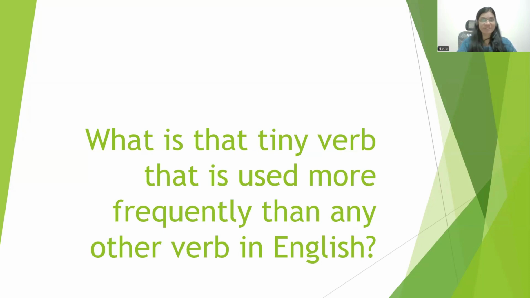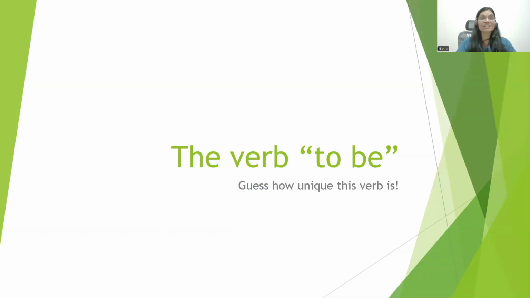All right. If you got the answer, that's great. If you haven't got it, here is the answer for you. It is the verb to be. Another question. Can you guess how unique this verb is? It's a very unique verb. Can you think of why it is unique?